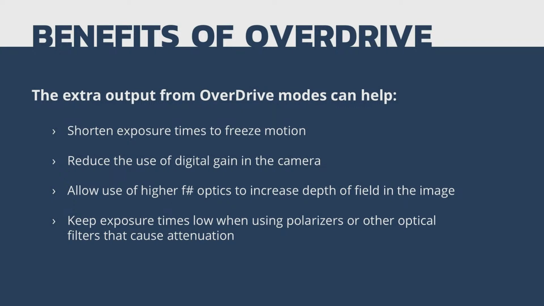So by using a linear polarizer to reduce glare in logistics, ITS applications and so forth, the extra light provided by overdrive mode can help us have enough light to still maintain a fast shutter speed and a good low noise exposure, but use those filters that lose a lot of light through attenuation.